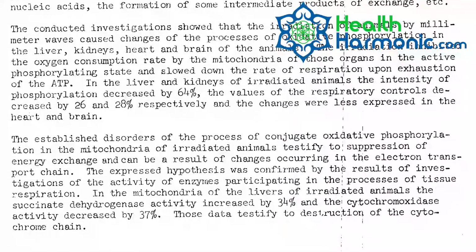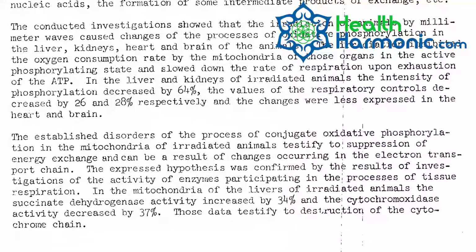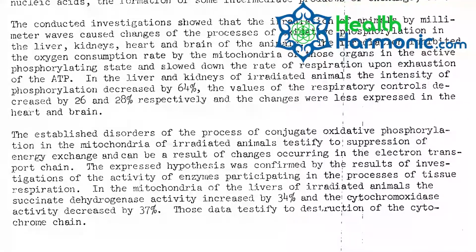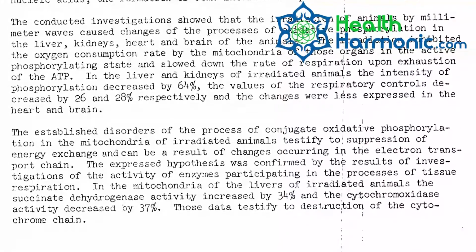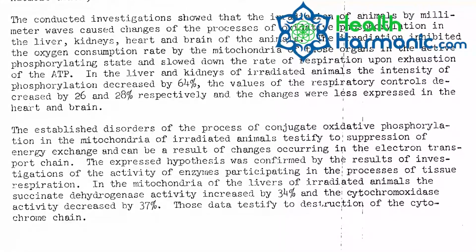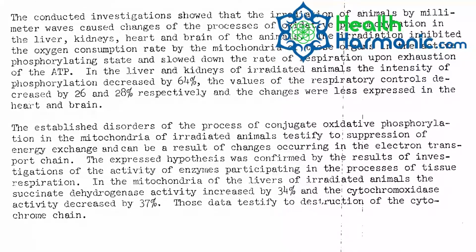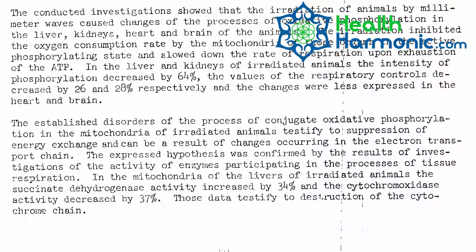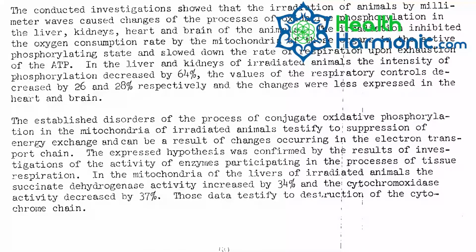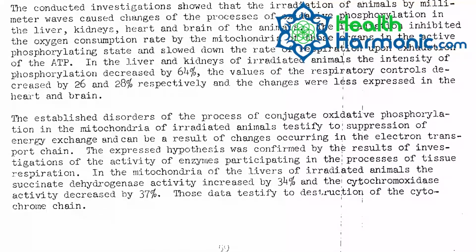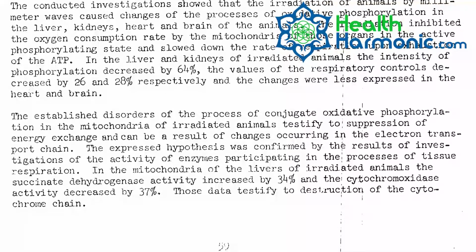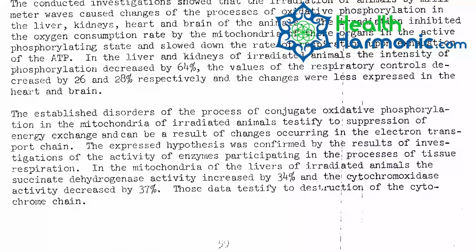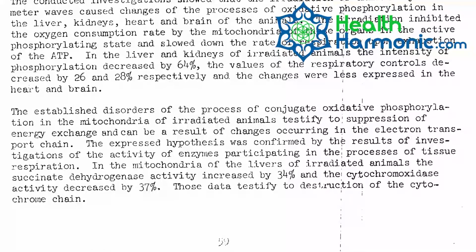So it goes on to say the established disorders of the process of conjugate oxidative phosphorylation in the mitochondria of irradiated animals testify to suppression of energy exchange and can be a result of changes occurring in the electron transport chain. The expressed hypothesis was confirmed by the results of investigations of the activity of enzymes participating in the processes of tissue respiration.